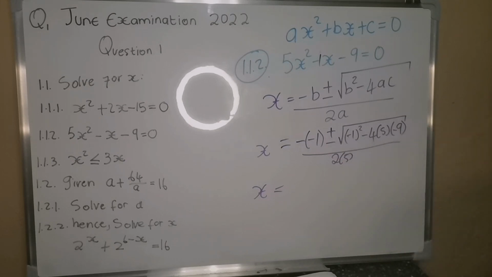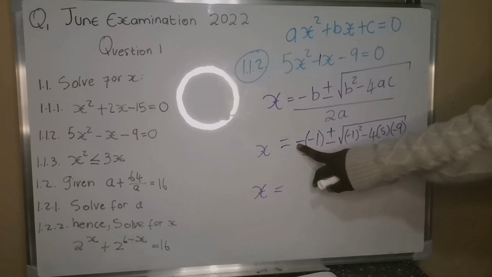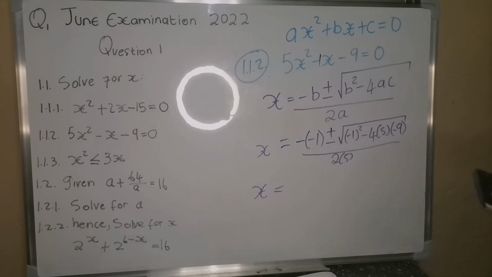So if I start with plus, I say plus the square root of, open bracket, -1, close the bracket, squared, minus 4 times, open bracket, 5, close bracket, open bracket again, -9, close the bracket.